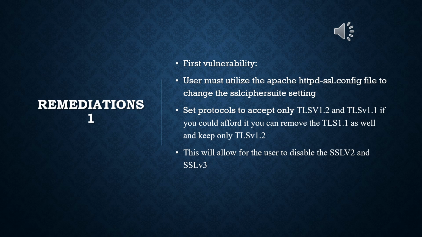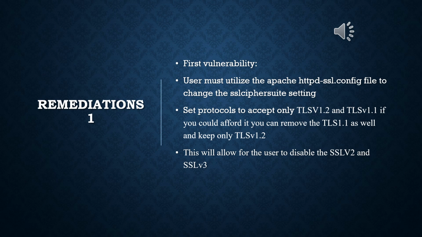You want to change that setting. After that, basically you're going to want to set protocols to accept only TLS version 1.2 and TLS version 1.1. It's also said that if you can afford it, remove TLS 1.1 and only keep TLS version 1.2.